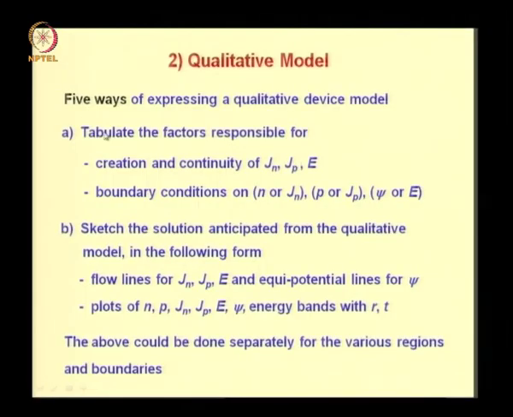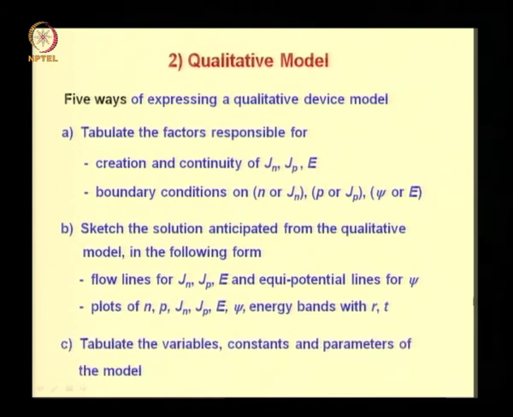As we will find, part A, in which you tabulate factors for creation and continuity of Jn, Jp and E, will translate to equations in the quantitative modeling, and boundary conditions will translate to the boundary conditions in quantitative modeling. Similarly, these 2 ways refer to the solution step. Finally, the 5th way we can express our qualitative device model is that we can tabulate the variables, constants and parameters of the model.